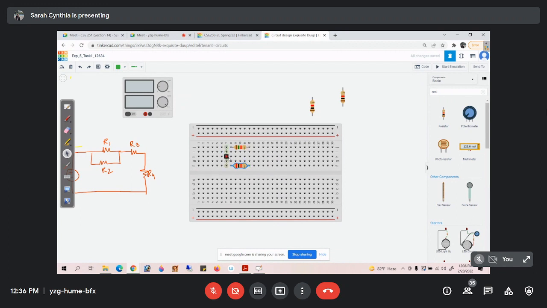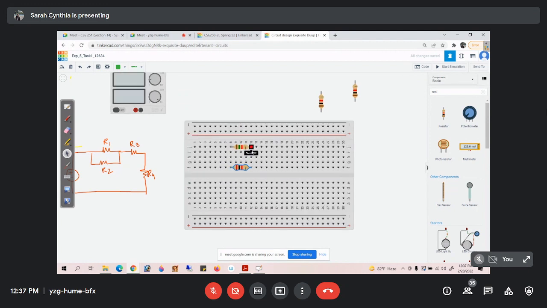Why have I placed it like this? Because these are in parallel. Exactly, I wanted a parallel connection. So I have made sure that both of these resistors share the same nodes for both the terminals. One is at column 8 and the other one is column 12. So both the resistors are sharing the same nodes, so we have connected them in parallel.